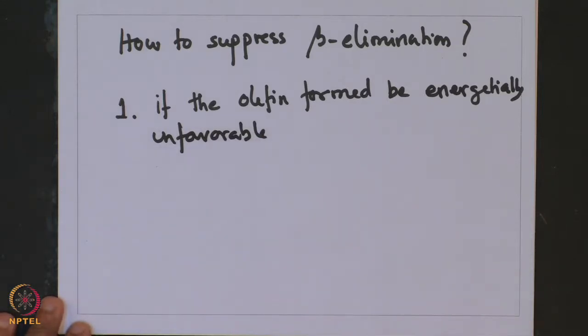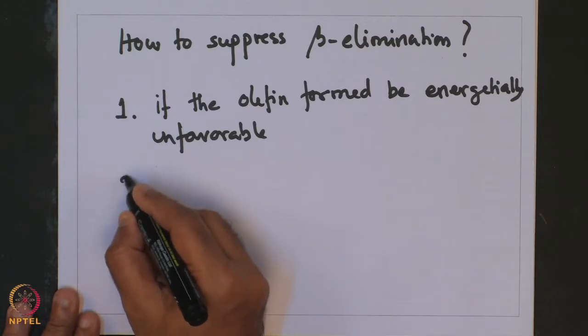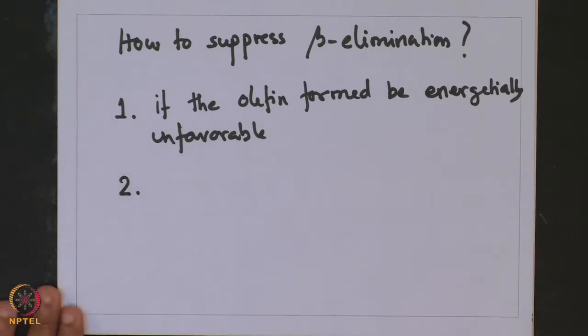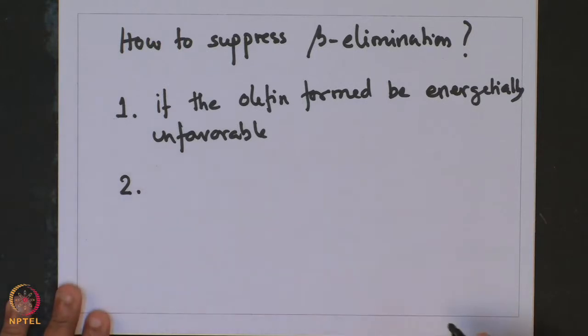So, that was a nice strategy, because beta elimination will always lead to the formation of olefin, and if one designs the alkyl moiety such that the olefin that forms from it becomes energetically unfavorable, then probably the beta elimination will not proceed. This was a very clever and ingenious way of stopping beta elimination. The other strategies obviously include designing ligands. For example, if the ligand does not have any hydrogen in a beta position, probably beta elimination would never proceed.